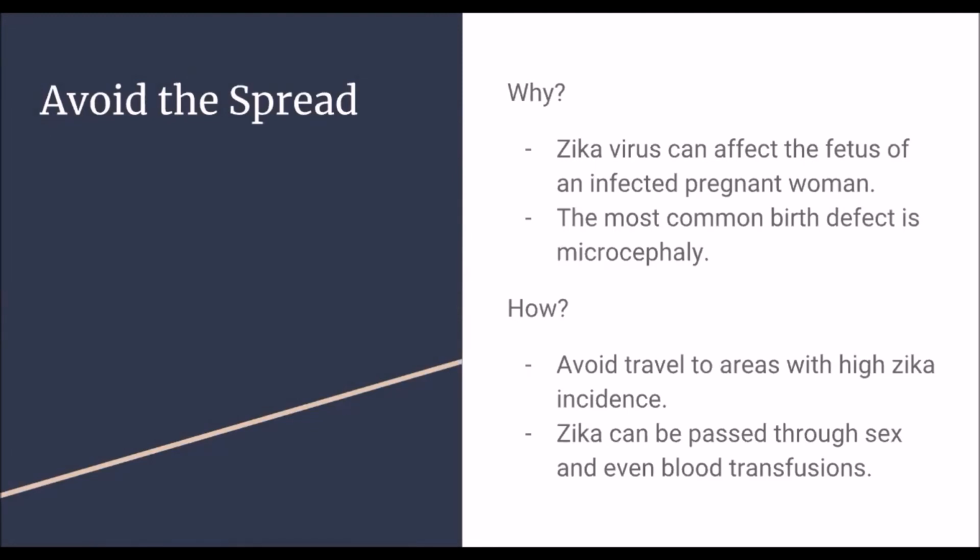So it's particularly important that pregnant women avoid travel to areas with Zika virus. It's also important to realize that Zika can be passed through sex and even blood transfusions, and that pregnant mothers should be aware of these other possible modes of transmission to avoid them when possible during their pregnancies.